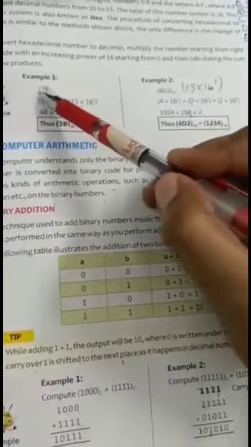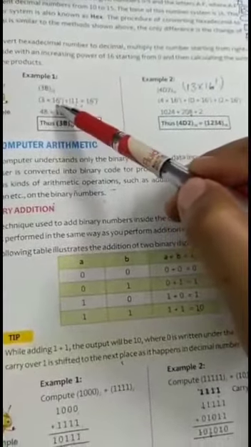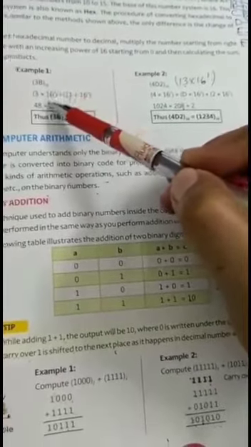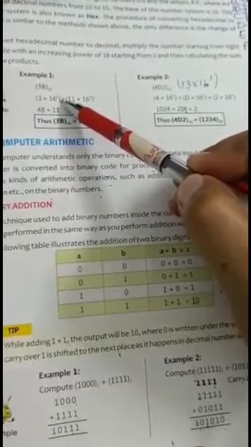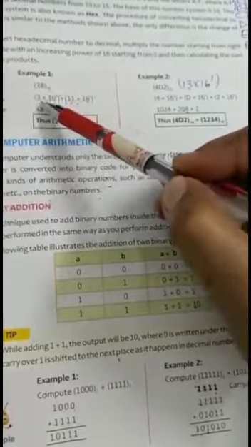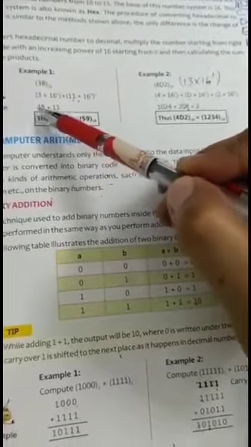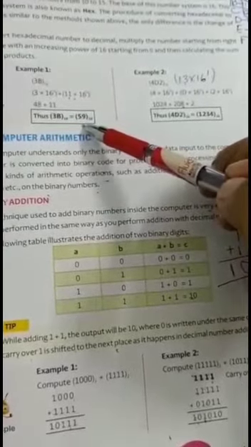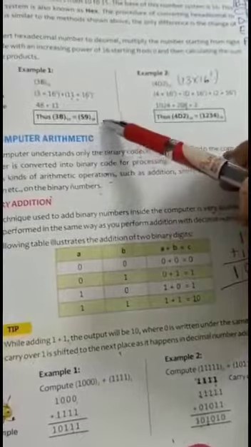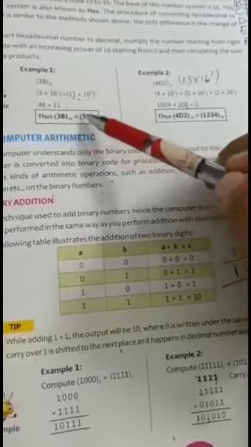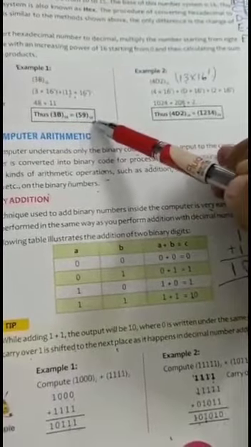Next is 3 multiplied by 16 power 1. 16 multiplied by 1 is equal to 16 and 3 multiplied by 16 is equal to 48, and then calculating the sum of the products, it is equal to 59 and its base is 10. The hexadecimal number is converted to a decimal number, and a decimal number has the base 10.